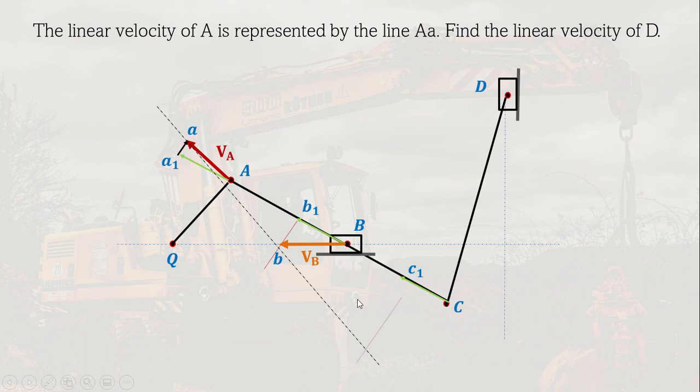So if we're going to resolve now, since we know that one of the components of C is known, this component here, CC1, we're going to draw a line perpendicular to the head of CC1. And this is this line.